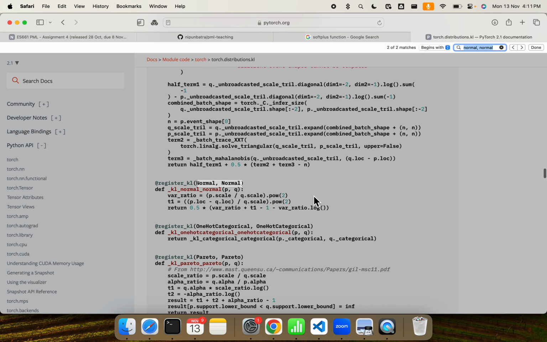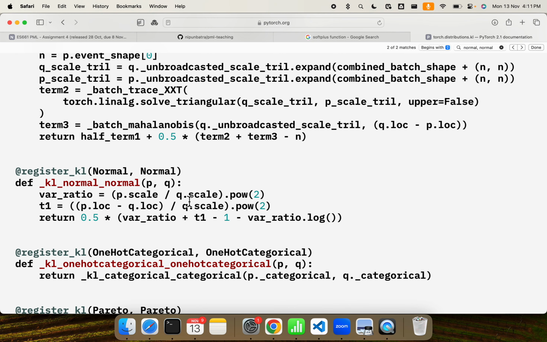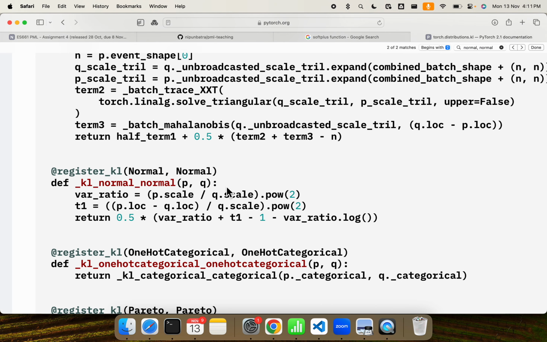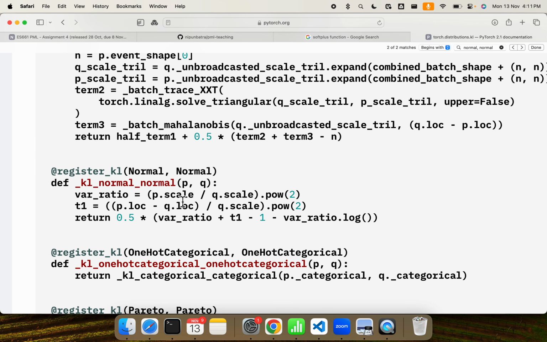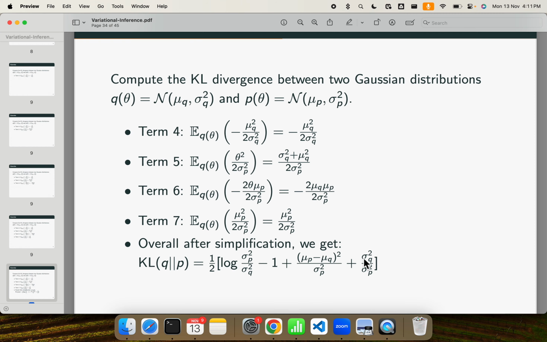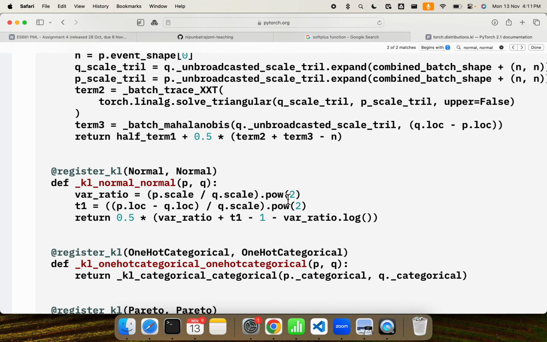Right, this is the way they have defined. This is P and Q, we are doing Q and P, so everything would be reversed. They calculate a variance ratio, P scale, Q scale power 2. So we have term P square, P dot scale, Q dot scale. So it's this term, sigma P and sigma Q. You find out these terms, you square them, and then you have P dot log minus Q dot log.